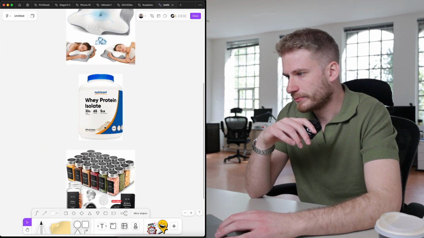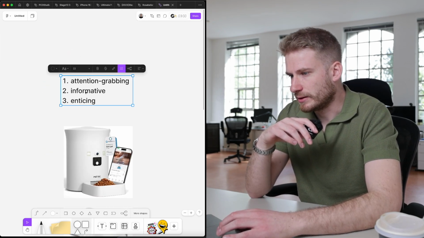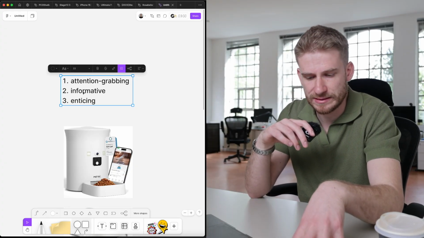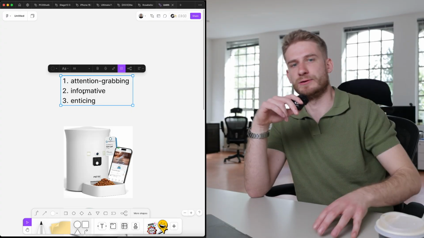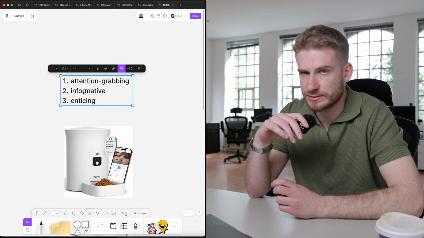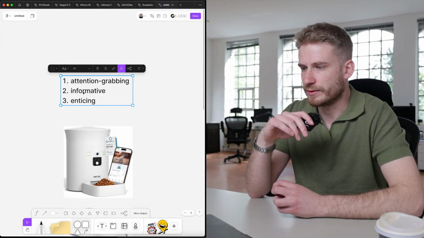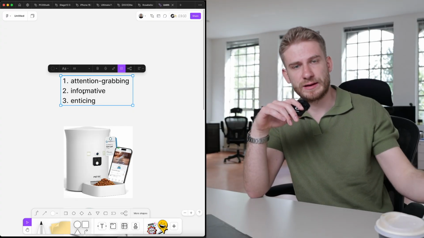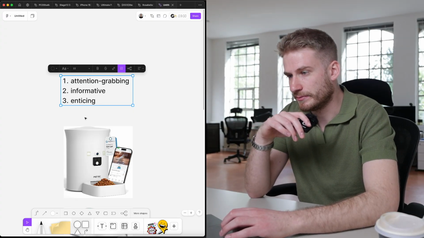So going from grabbing attention, informing about the most important information. You usually see those in your keyword data. So just run a Cerebro search on your products. You look what you're ranking on, or what are the most relevant keywords for your product. Then take out those snippets that are most important to your customers, highlight them.